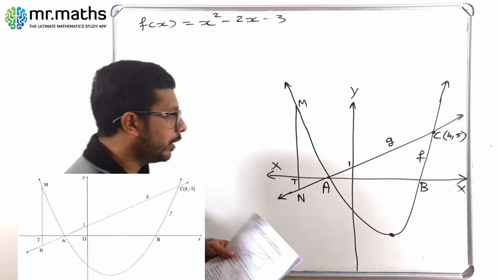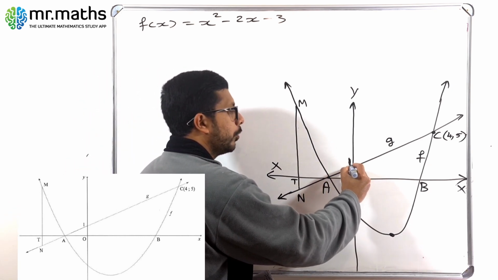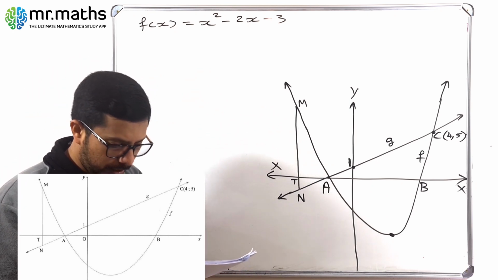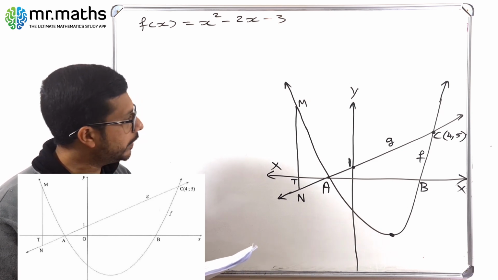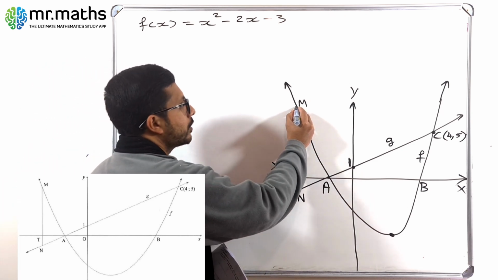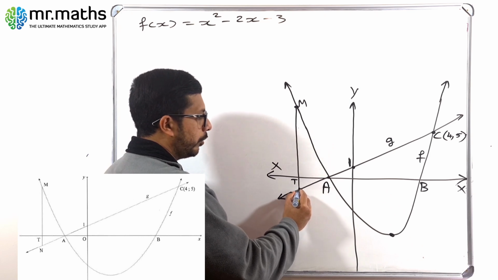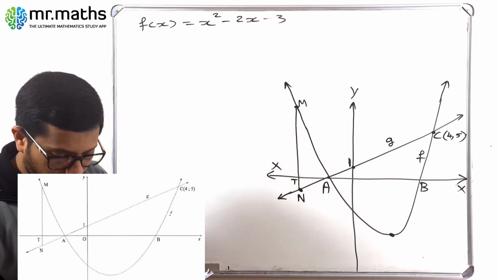So at this point, the y-intercept, the value of y is 1. Then M is a point on f and N is a point on g. Here you can see that M is a point on the f graph and N is a point on the g(x) graph.